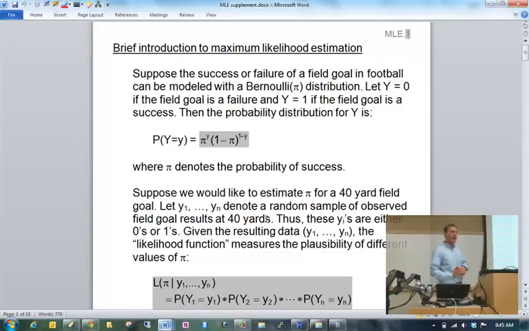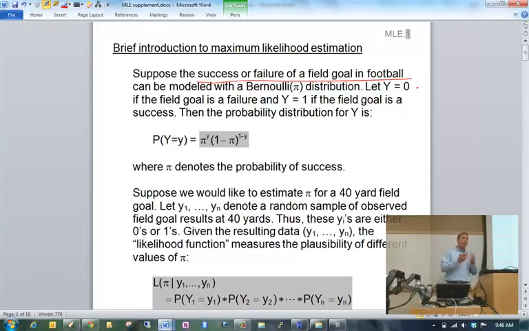Okay, so we're going to talk about a very, very simple case where maximum likelihood estimation is used. And this is to estimate, let's say, the probability of success parameter for a Bernoulli distribution. All of you should have seen a Bernoulli distribution before. Let's put it into an example context. Suppose we talk about how to estimate the probability of success for a field goal in football.